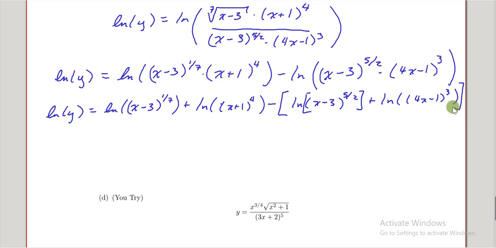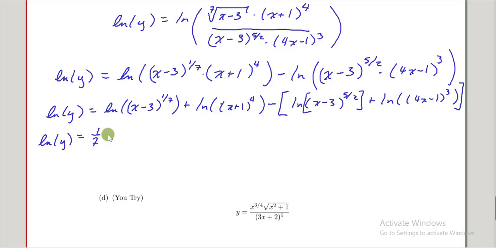Boy, we're almost done with this. The last thing to do is to recognize that I can use my power constant multiple rule to bring each of these powers outside of the logarithm.